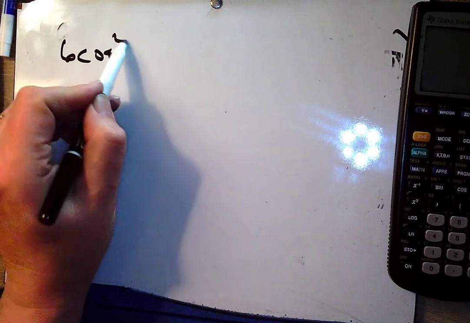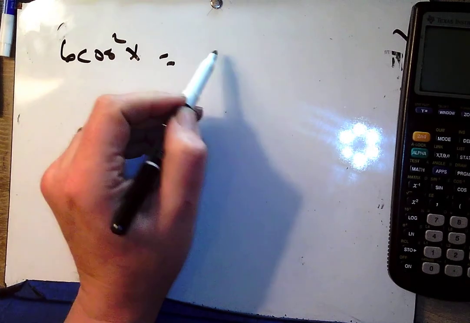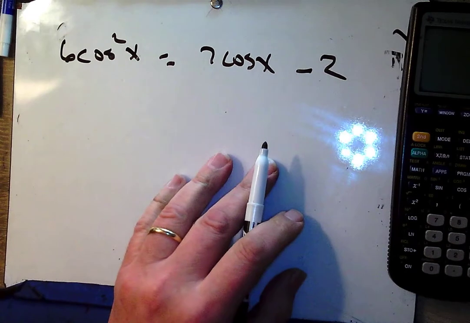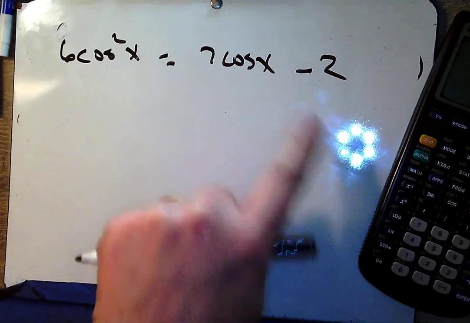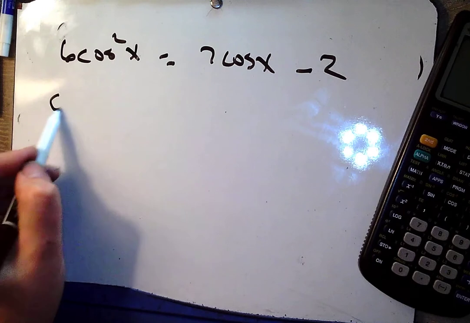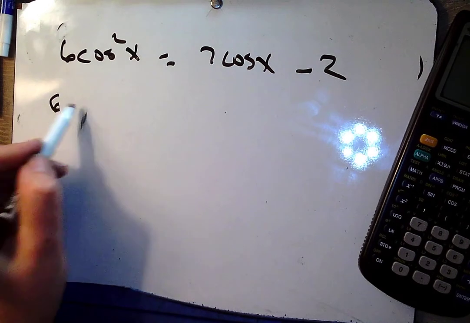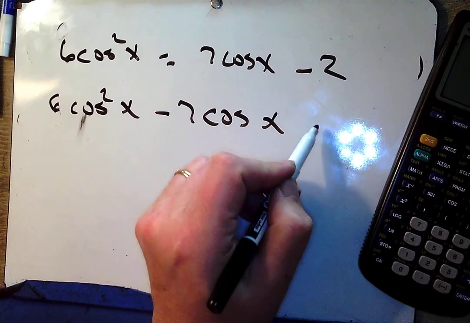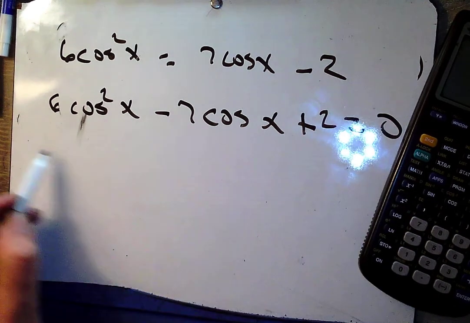6 cosine squared x equals 7 cosine x minus 2. That is the one that I've been inadvertently doing, because when I move everything to one side, 6 cosine squared x minus 7 cosine x plus 2 equals 0.